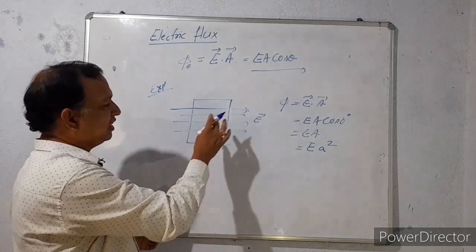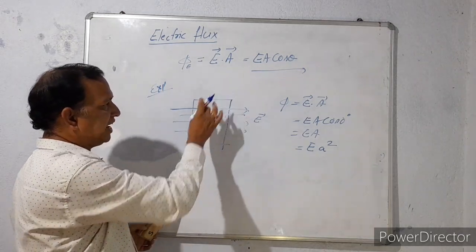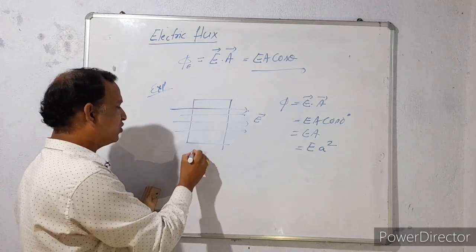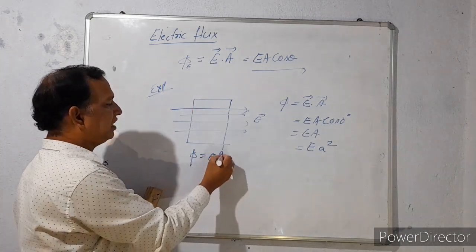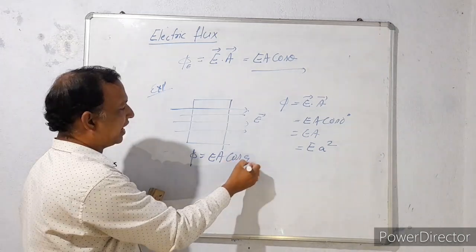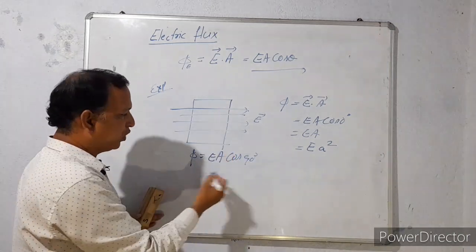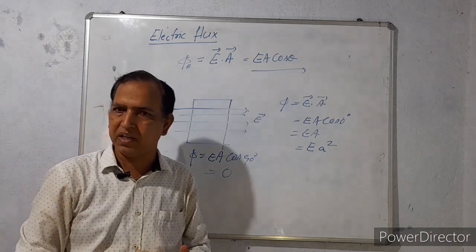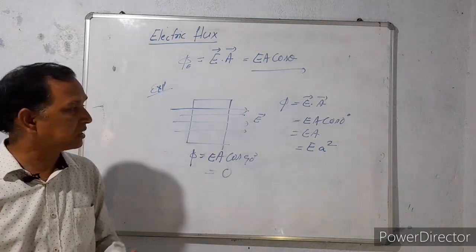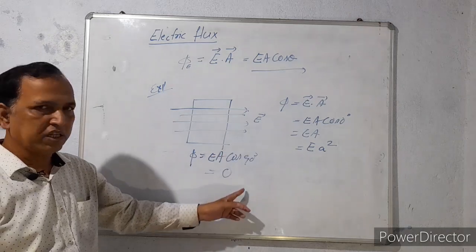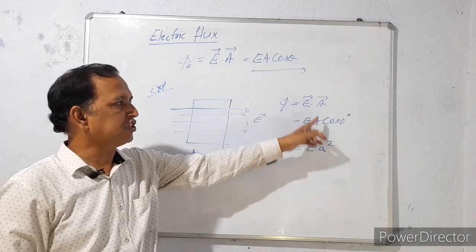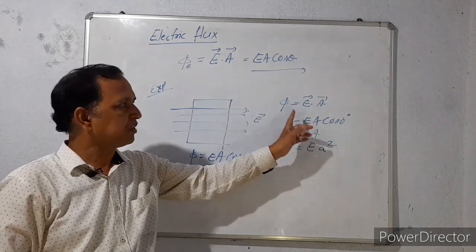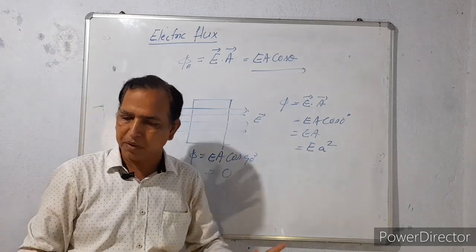So here the angle between E and A is 90 degree. So what is your phi? EA cos 90 degree. Cos 90 is 0, so that is 0. If the field lines are not perpendicular, then the flux is 0. That means in this case the flux is 0. In the other case the flux is EA, or if the sides are A, the flux is equal to EA square. Confirm?